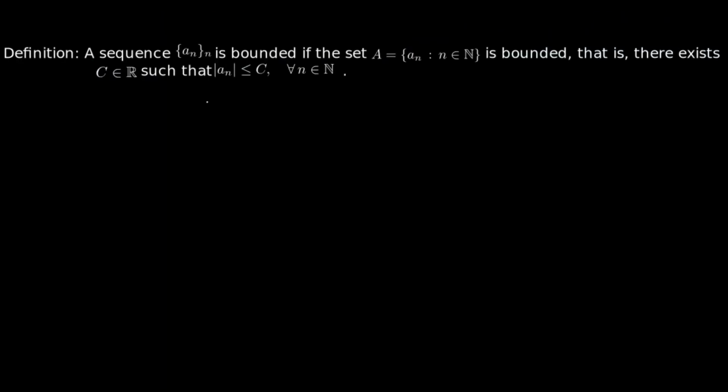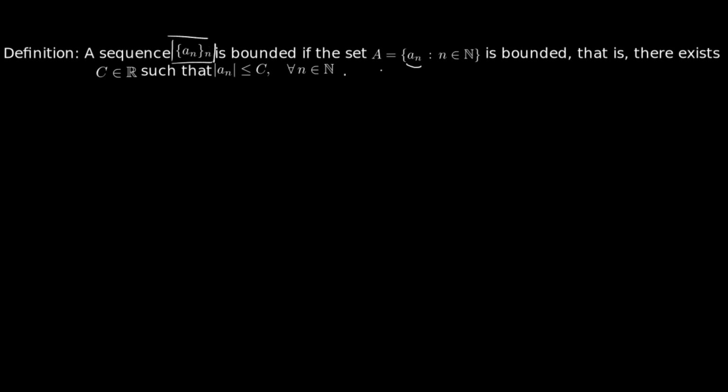This is also a very important definition. We have a sequence, a sub n, and we say that this sequence is bounded if the set formed by all the numbers in this sequence, a sub n with n a natural number, that is just the definition of a set that collects all the numbers a sub n, is bounded. So if this set is bounded, then this sequence is bounded.